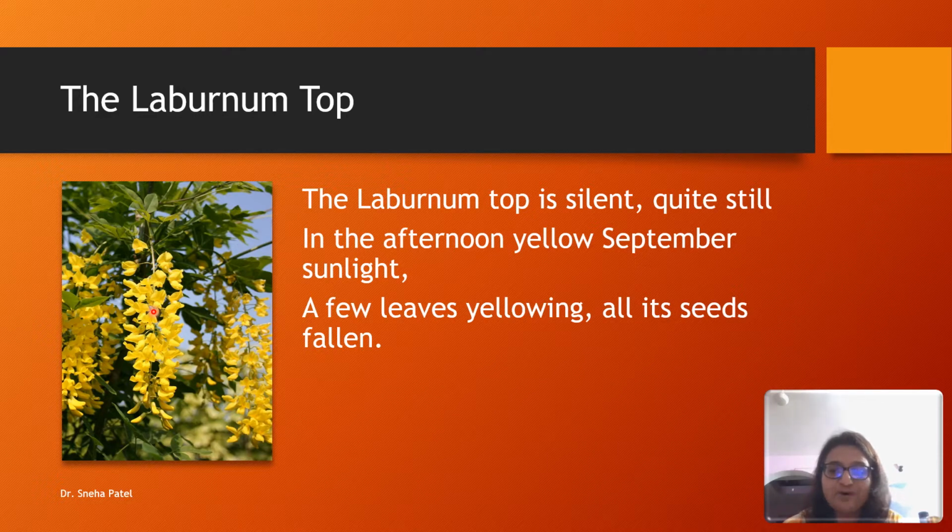They are ready to fall because September is a month of autumn, and in autumn the leaves fall from the tree. The seeds of this laburnum tree have already fallen, and now the leaves which are turning yellow will also fall. This tree is silent. There's no movement in the tree.